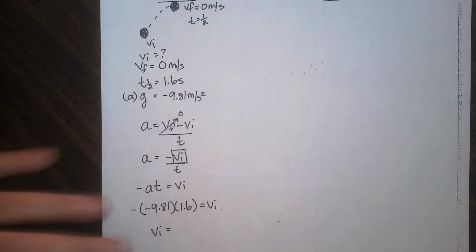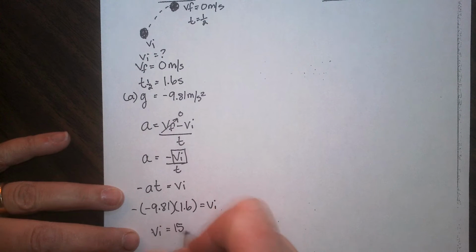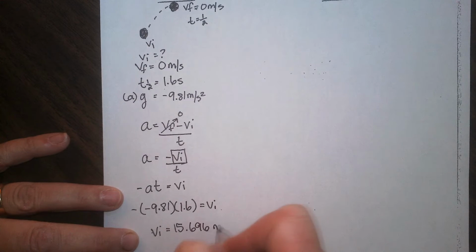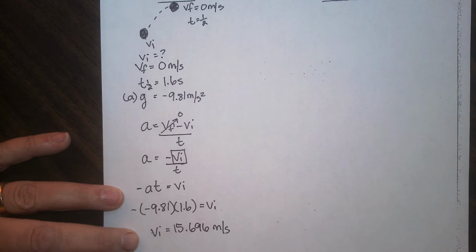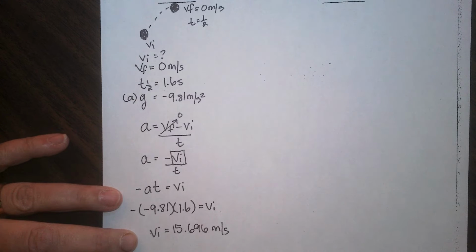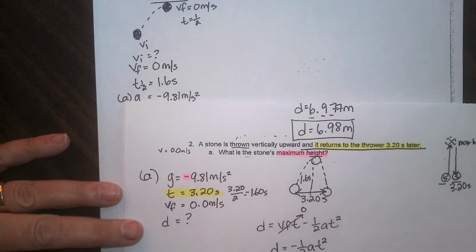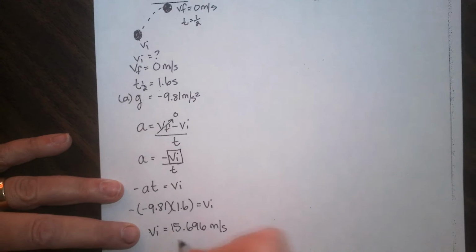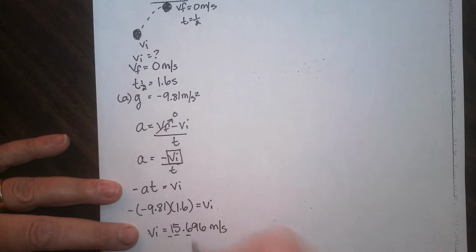Okay, what'd you get? 15.696 meters per second. And when we look back at the question, CJ, how many sig digs can I go? We have to go all the way back to the original question where we have a number. Nope, the other way around. The 9 affects the 6. Yeah. So VI is equal to 15.7 meters per second.